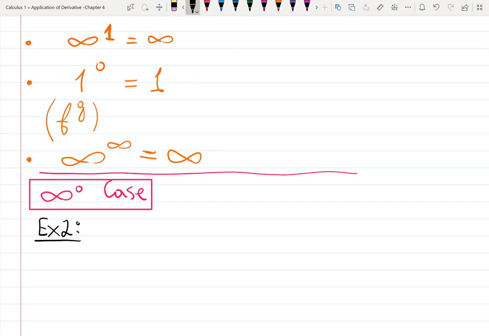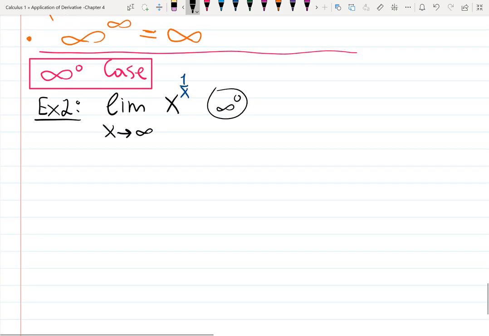For this case, I prepared a nice example where we have a limit as x approaches infinity. We had x to the x, that was infinity to the infinity, right? How to make out of this example infinity to 0? Think a little bit. x to 1 over x, right? Because then x still goes to infinity at the base, but now at the exponent it goes to 0. Make sense? So that is indeed the infinity to the 0 case.